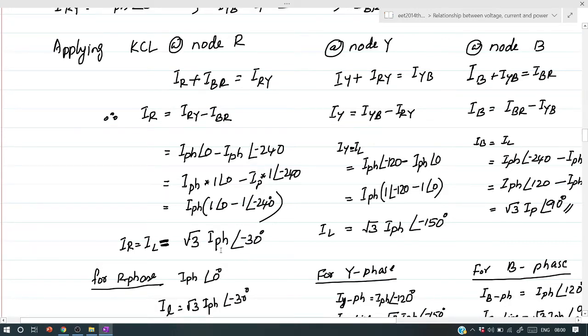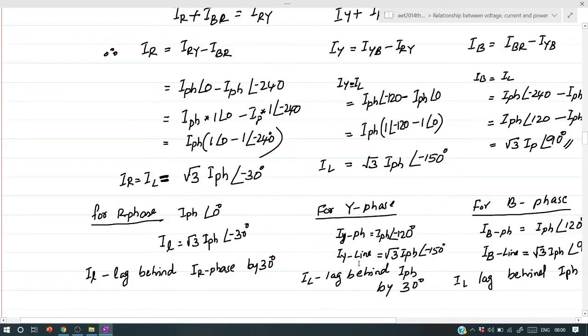As we have taken R phase as reference, with I phase angle 0 degrees, corresponding to node Y or Y phase, the phase current is I phase angle minus 120 degrees and the corresponding line current is obtained as root 3 times I phase angle minus 150 degrees. Here also it can be seen that when we are considering this line current and the phase current corresponding to Y phase, the line current lags behind the phase current by an angle of 30 degrees.